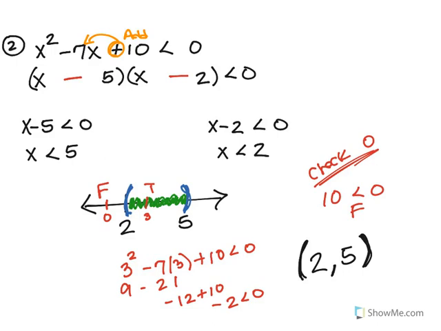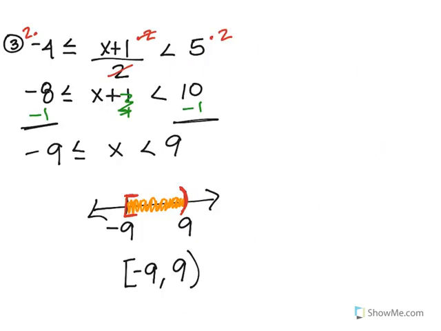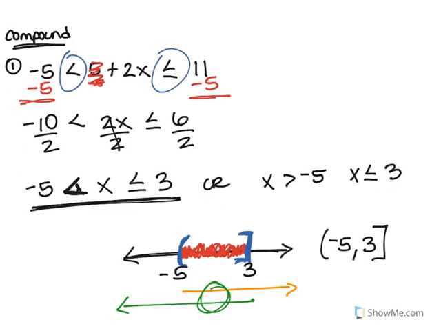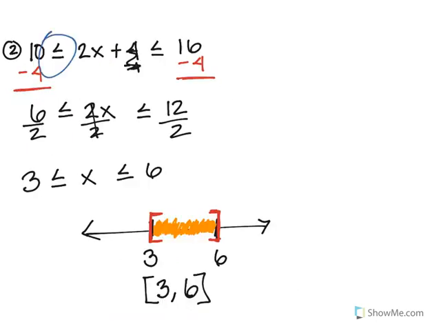The second one we worked was a what? It was a less than. And less than is normally in the what? Middle. Okay? Let that sink in. When we did compounds, all of them were what?